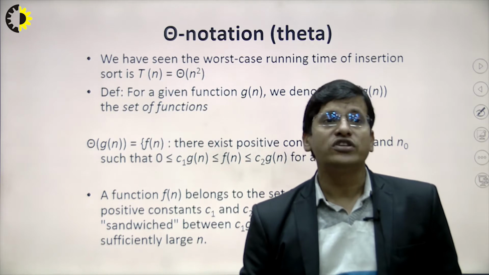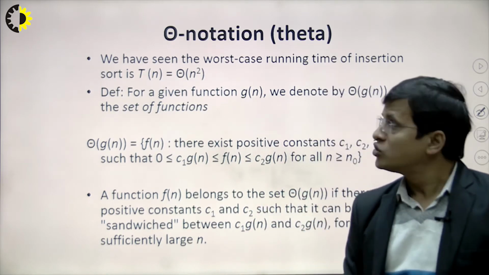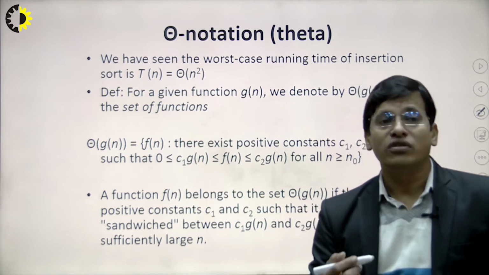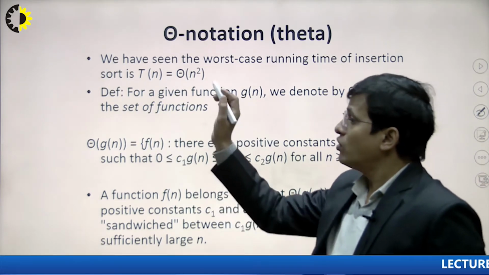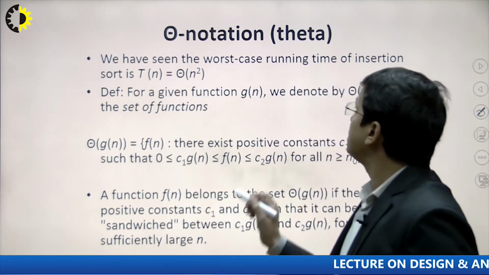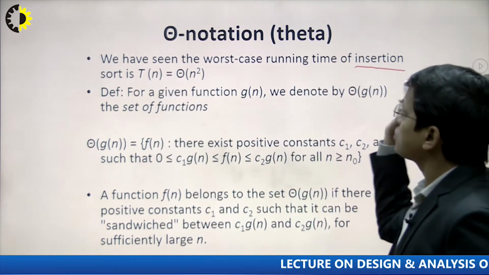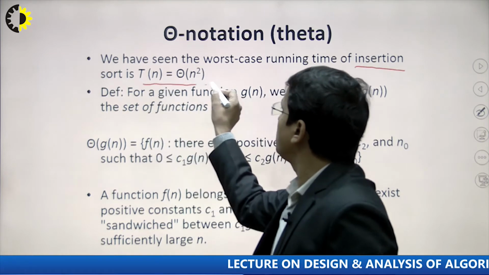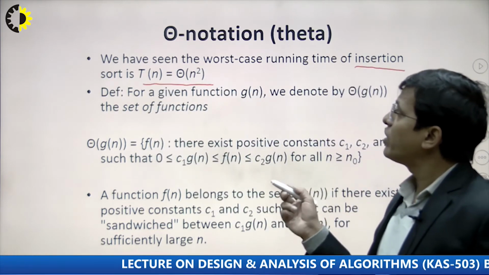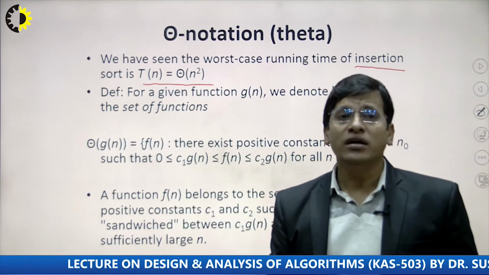First of all, the theta notation. We have already seen in insertion sort that T of n is equal to theta of n square, right? How is theta coming?